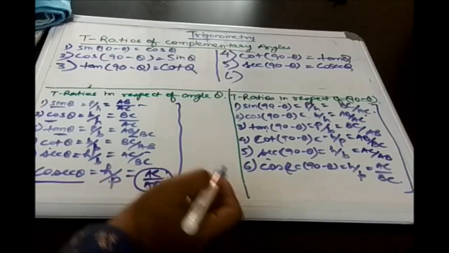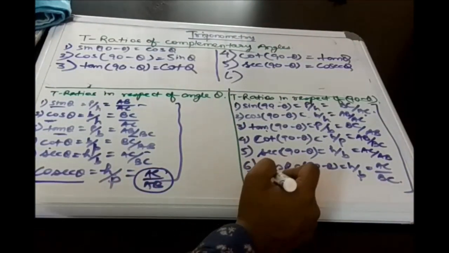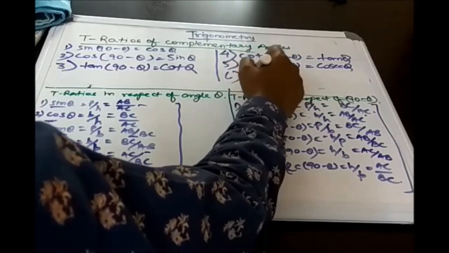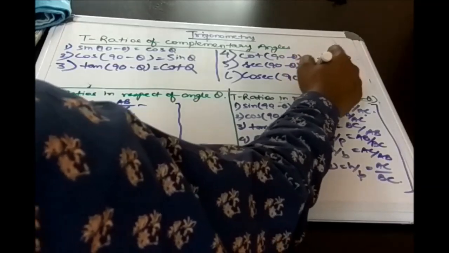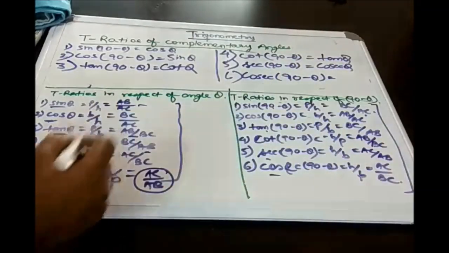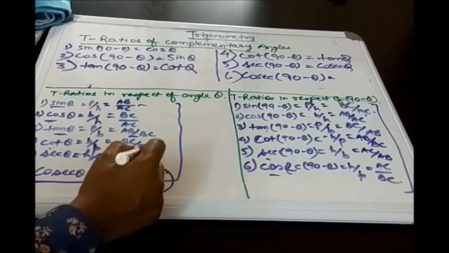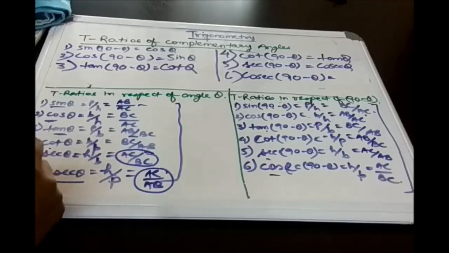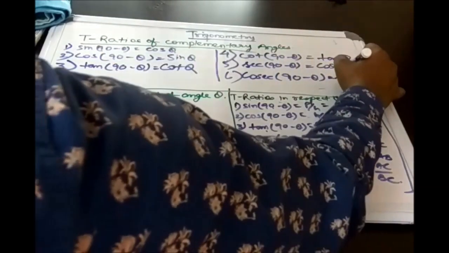Now we will be finding our sixth and final relation, that is cosec 90 minus theta. Cosec 90 minus theta, that is AC by BC. Now you see this side, where is AC by BC? Here you find AC by BC, that is sec theta. So cosec 90 minus theta is sec theta.